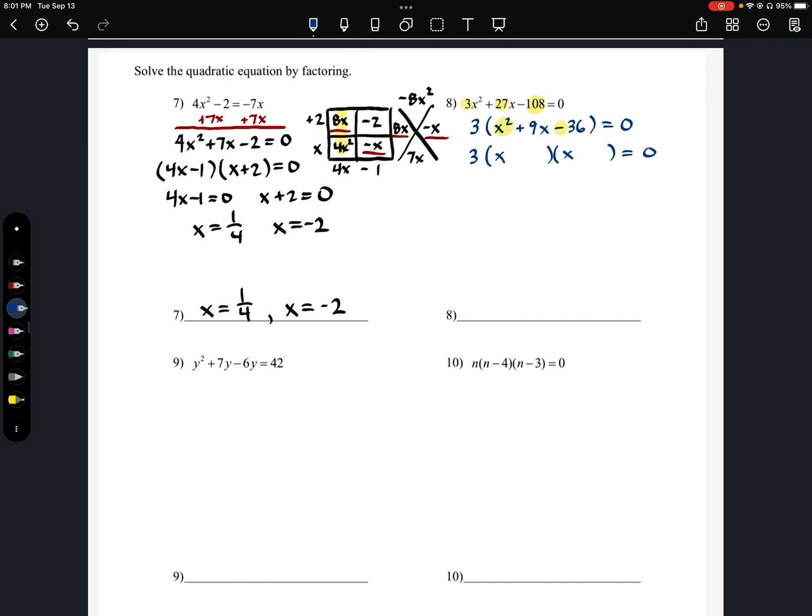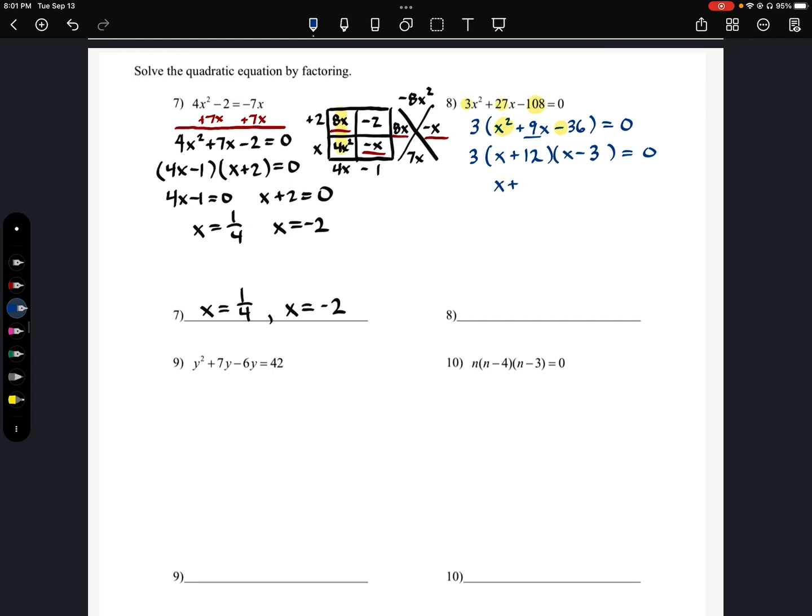I know that one's got to be positive, one's got to be negative. And I know that 12 times 3 is 36, and 12 minus 3 is 9. So it looks like we're going to need a positive 12 here and a negative 3 there. That way, when we have 12x and negative 3x, we'll get that positive 9x left over.